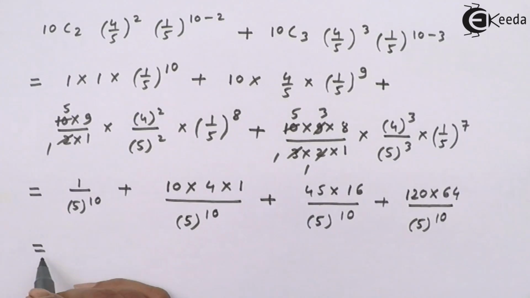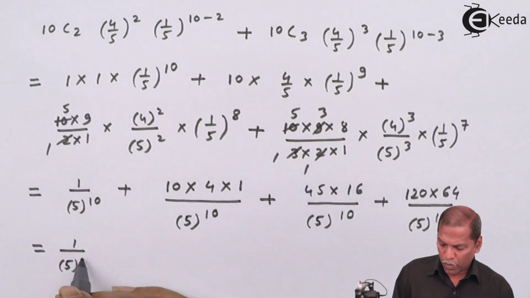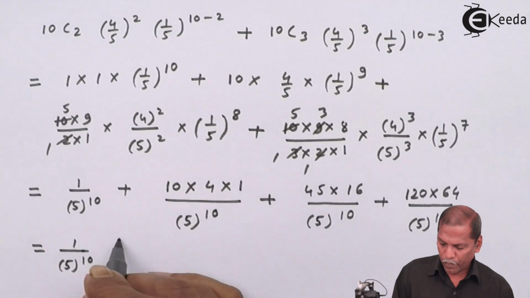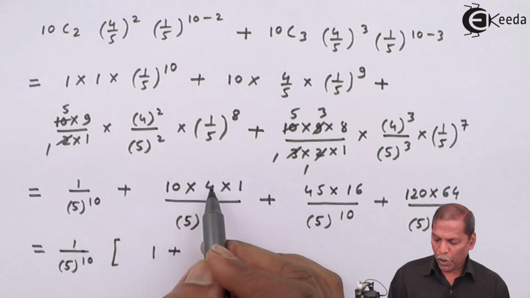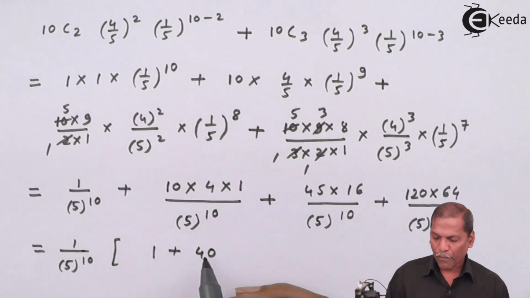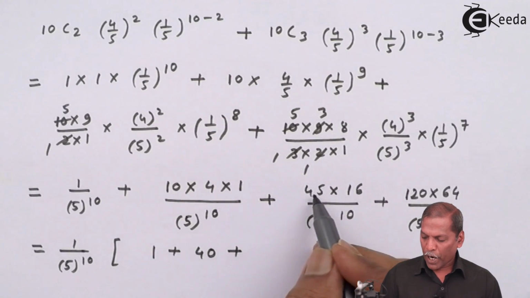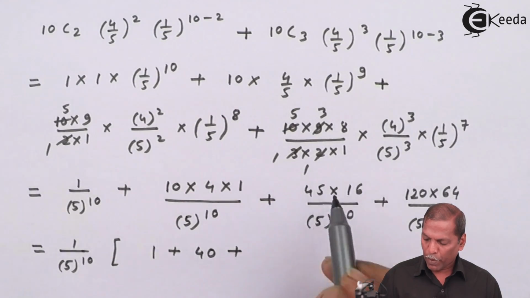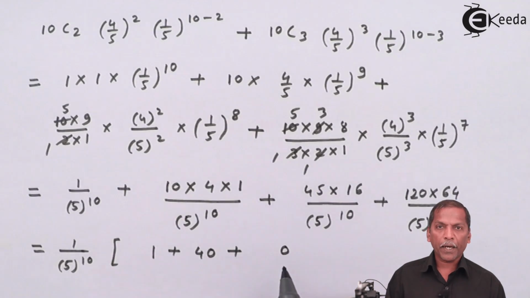Now from this we take 5 raised to 10 from the denominator as common. So we have 1 upon 5 raised to 10 in bracket 1 plus. Now 10 into 4 is 40, 40 into 1, so that gives 40, plus. Now 45 into 16: 16 multiplied by 5 we get 80, so we write 0, carry 8.